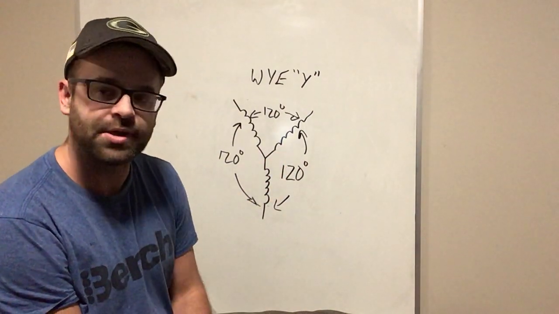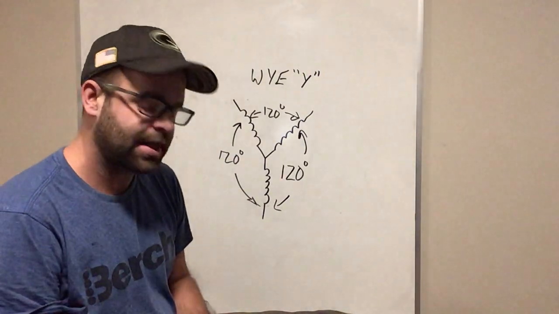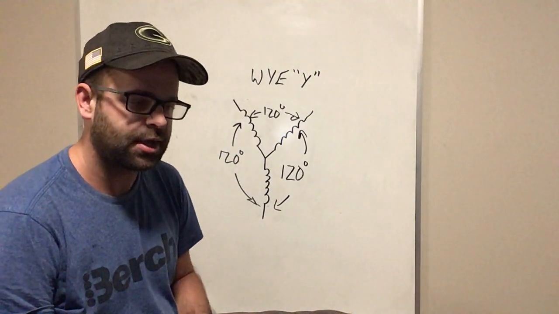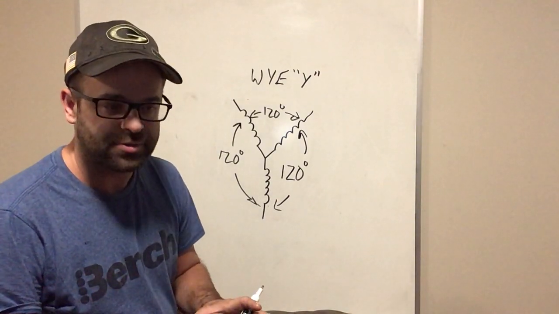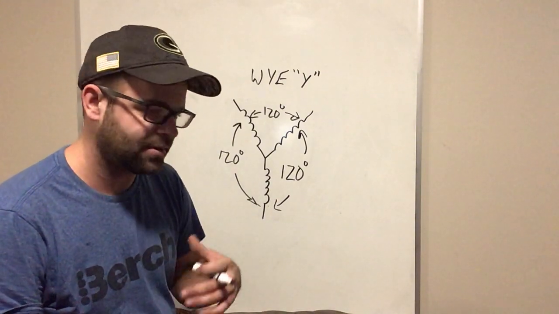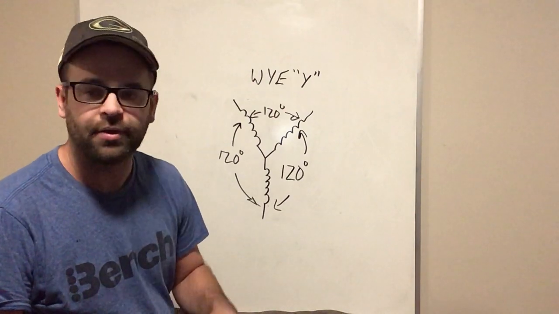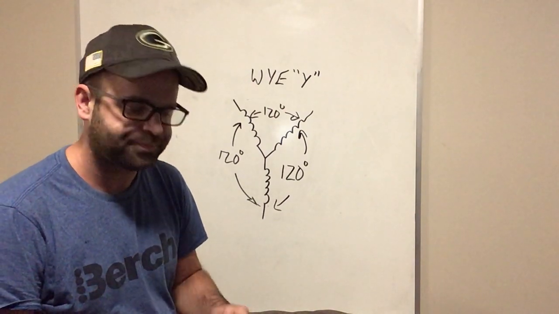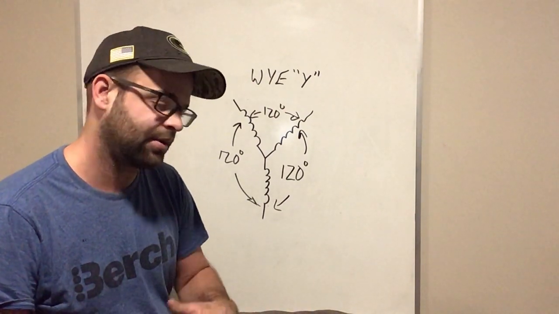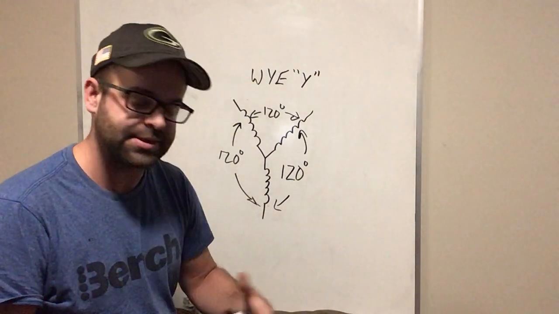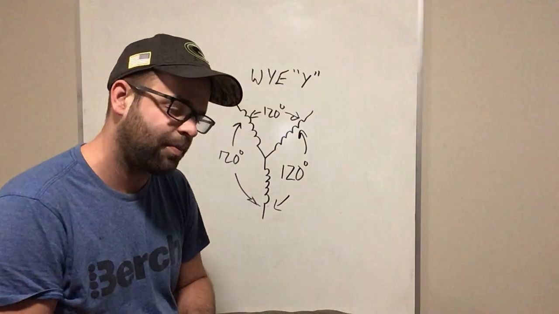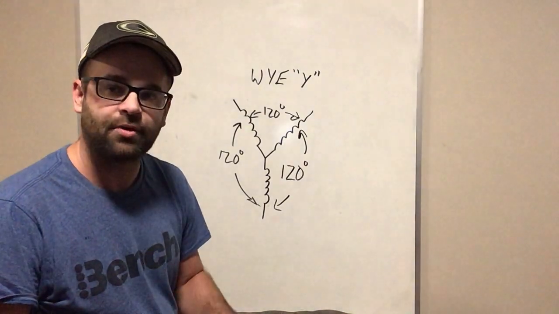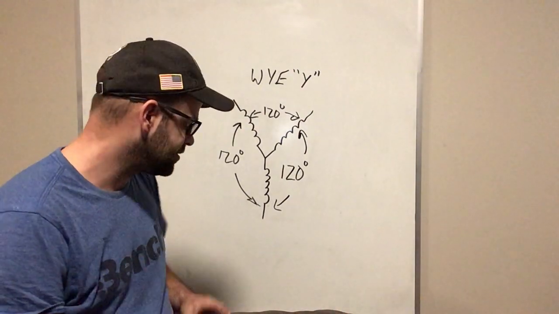The reason why we state that they're separated 120 degrees apart from each other is that all voltage that is produced in North America, it doesn't matter if it comes from water or if it comes from wind, that encompasses probably 99% of how power is derived, is from a three-phase alternator.